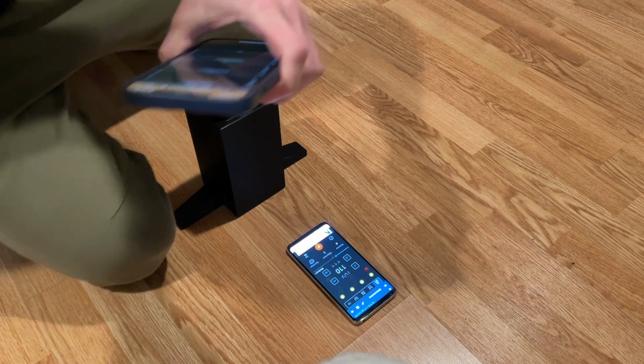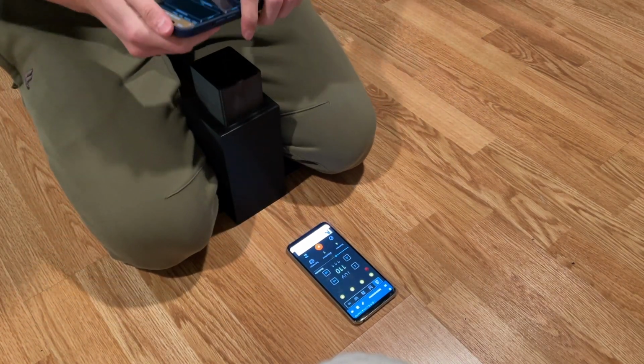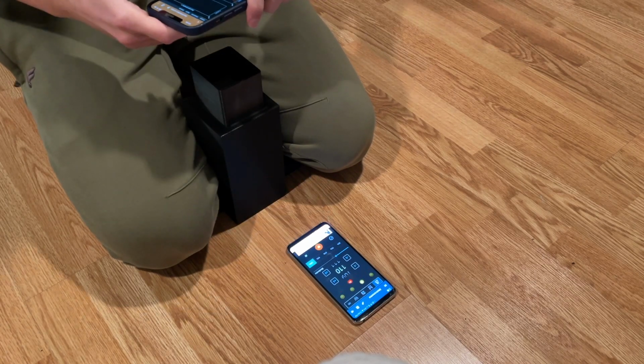Measurements are gathered at specific compressions per minute by syncing compressions to a metronome that is set to the target beats per minute.